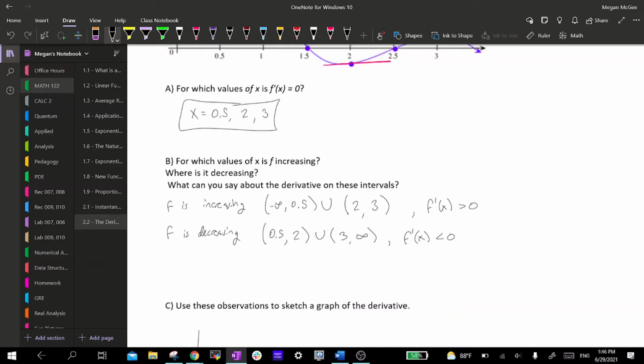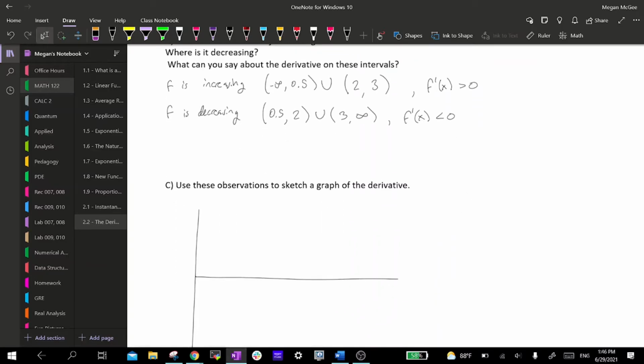It's going to touch the x-axis. All right, so at 1/2, at 2, and at 3. So we're going to label this 0.5. We'll label this 2 and 3. And so we'll say our derivative must touch the x-axis at these points. I started saying touch instead of goes through because sometimes we'll just bounce back immediately, but it's still going to touch the x-axis, okay?